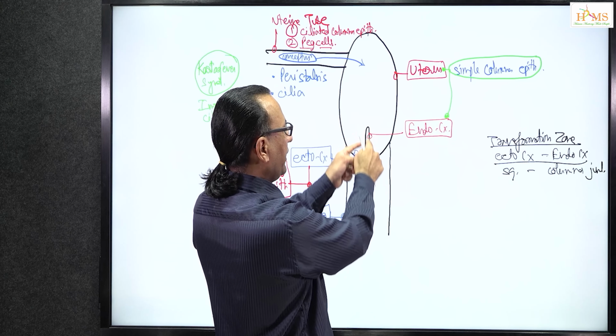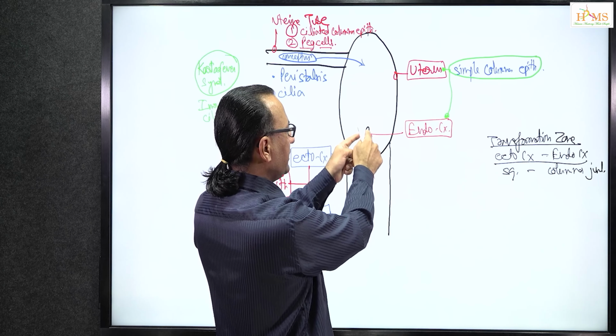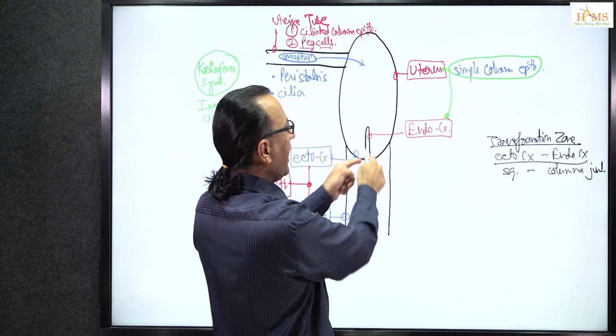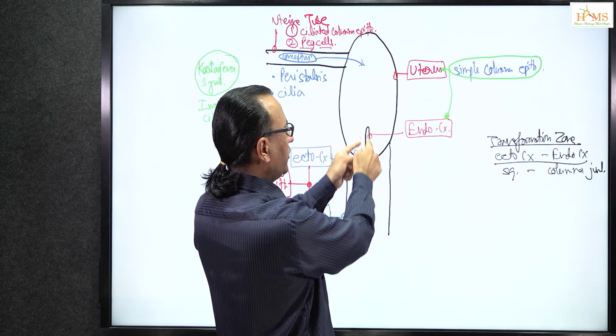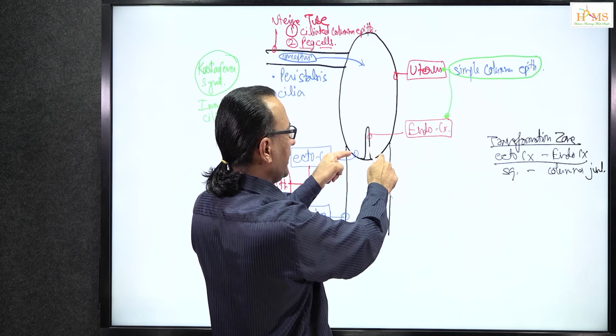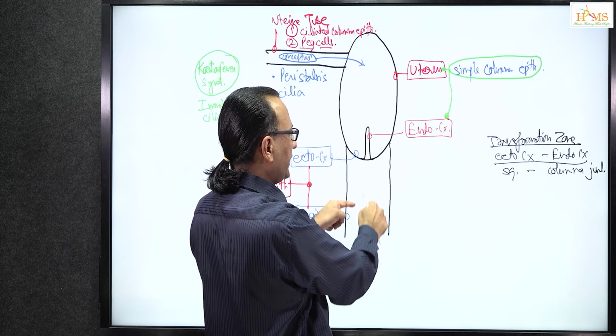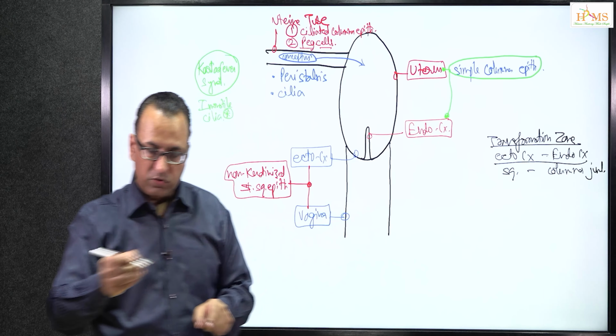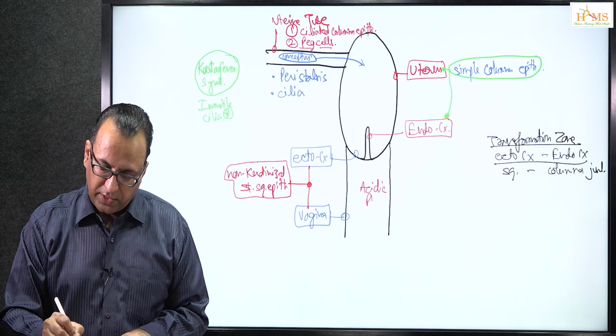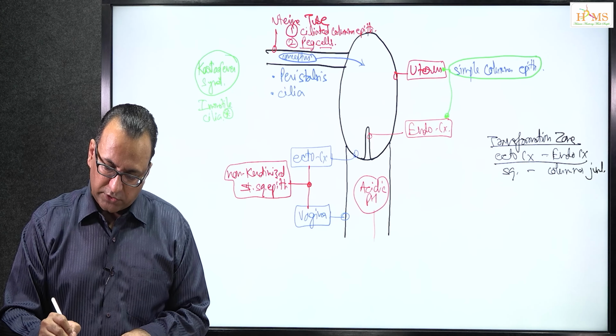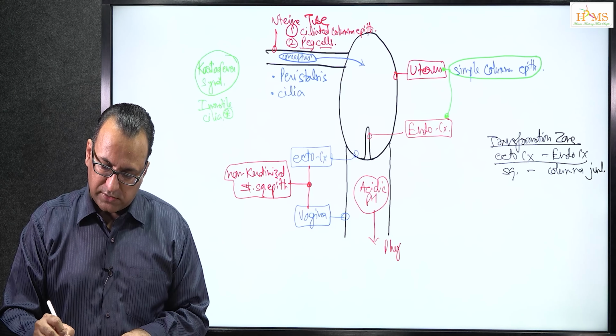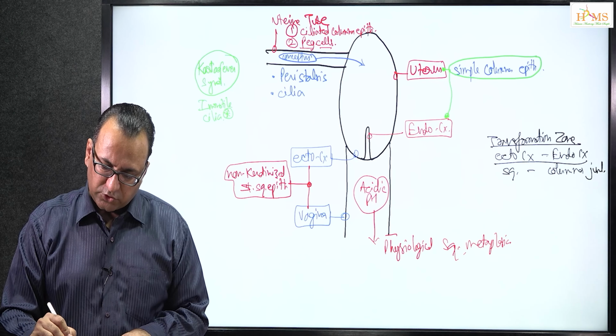The columnar epithelium of the endocervix moves outside, and as it does, it is exposed to the acidic pH of the vagina. That acidic pH is causing what is called physiological squamous metaplasia, which is quite normal.